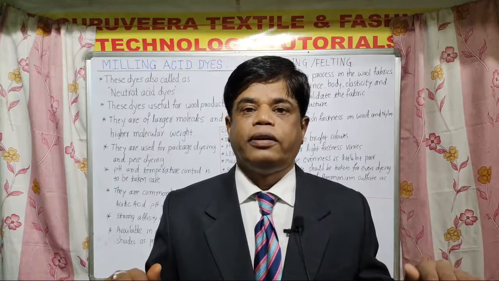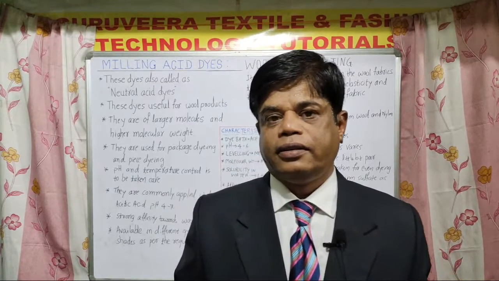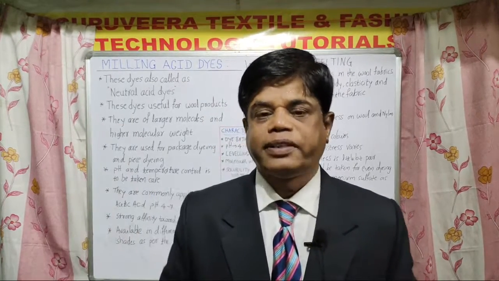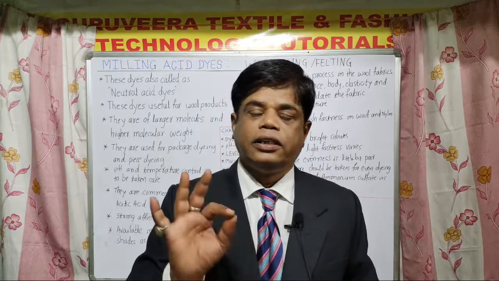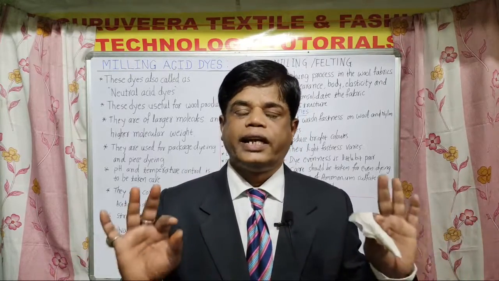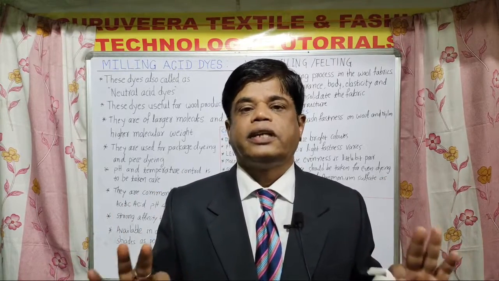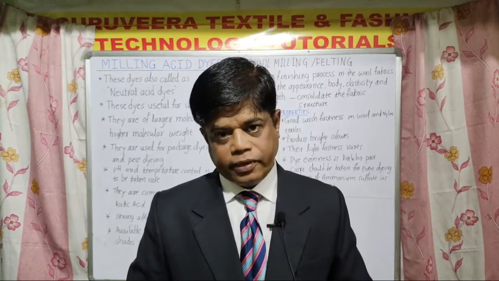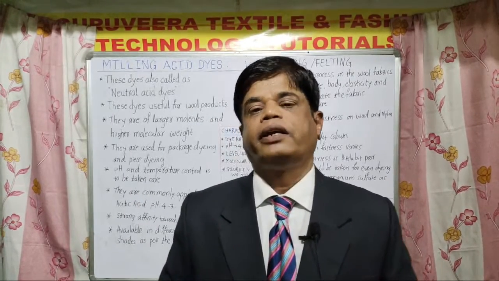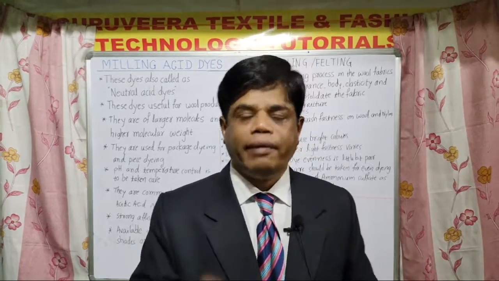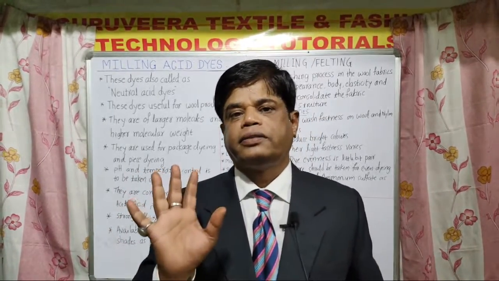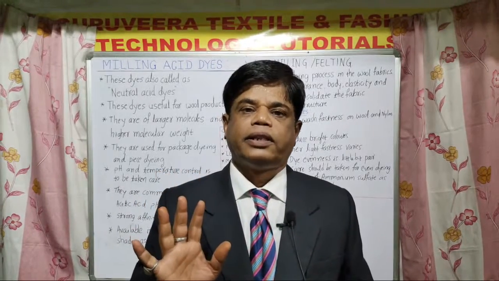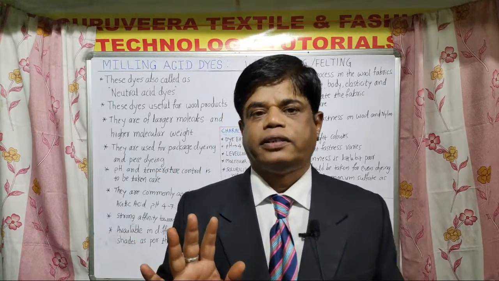Friends, if the fabric dyed with the milling dyes is taken to the inspection table, what will happen? Dyeing defects, unevenness defects will be there. The chances of evenness are very less. But if the fabric is dyed by leveling dyes and taken for inspection, 100% leveling will be there, evenness will be there. No defects are there.